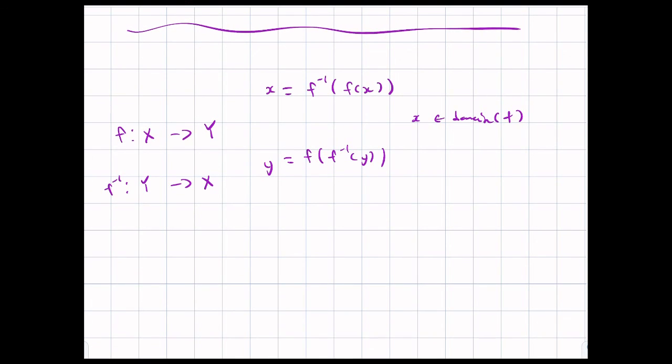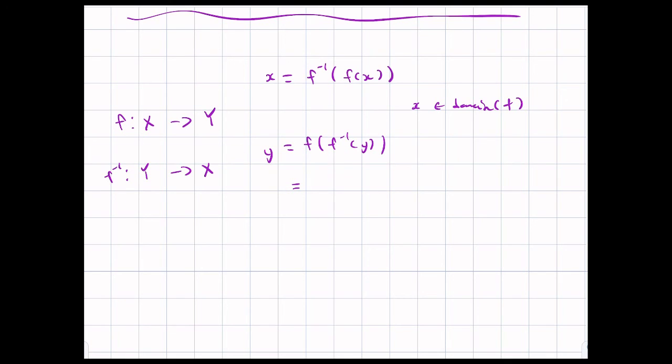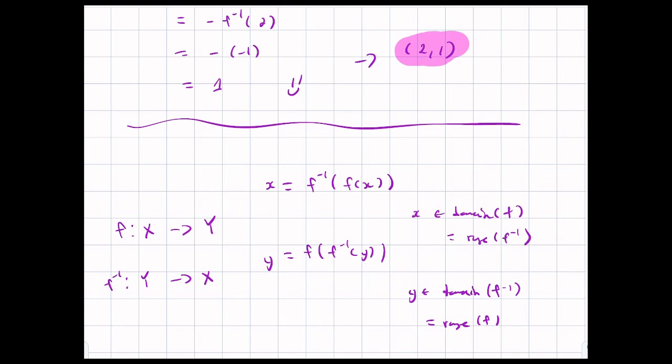So this one is for y in the domain of f inverse, which is the range of f, and the domain of f is the range of f inverse. And I think that covers all the bases. So that is how we do that problem, and that is why we can solve this problem. That's what this problem is trying to get us to realize or use.